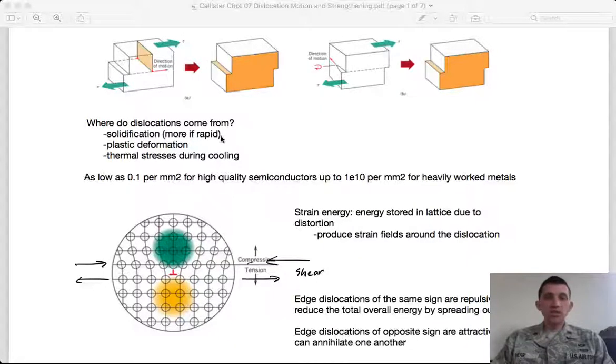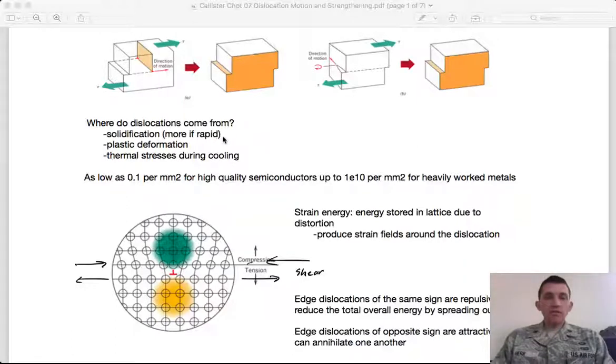So we'll see this again often in the rest of this class as we study phase diagrams and thermal transformations, because if you want to create a stiff and strong material, cooling it rapidly will produce many of these dislocations, in addition to other strengthening mechanisms.